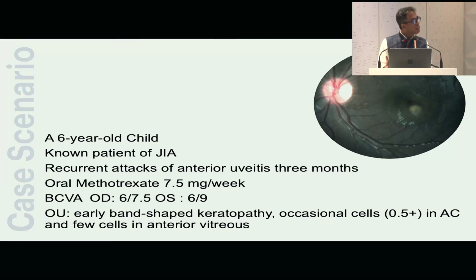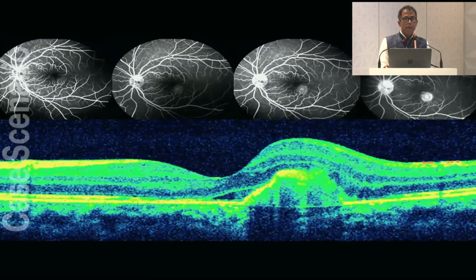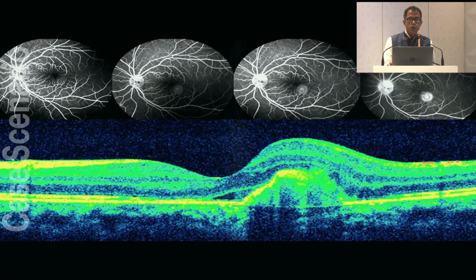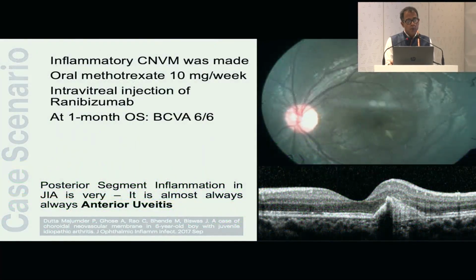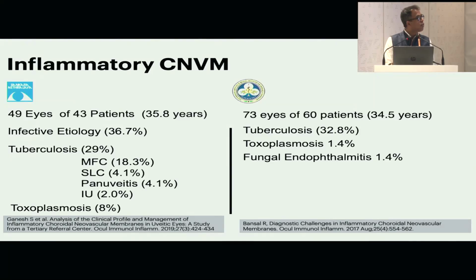The child was a typical JIA patient undergoing treatment with methotrexate and other drugs, but we found that there was a CNVM in this patient, which was treated with anti-VEGF and responded very well. So you need to understand that in JIA, where the posterior segment is very uncommonly involved, it can sometimes be complicated by CNVM also.